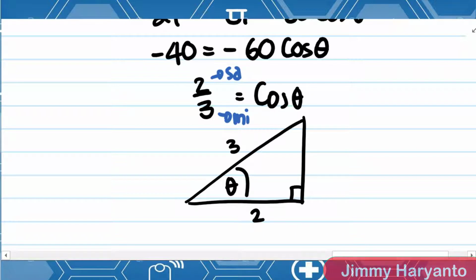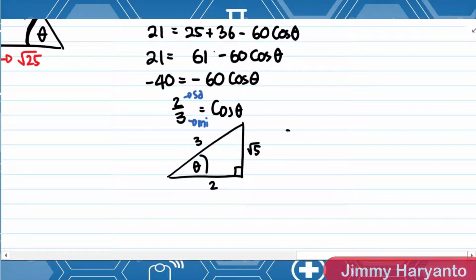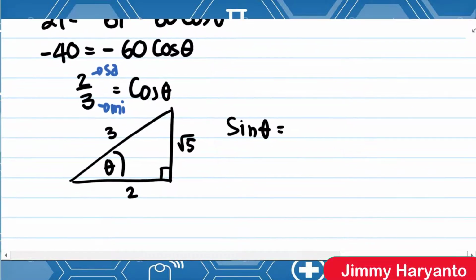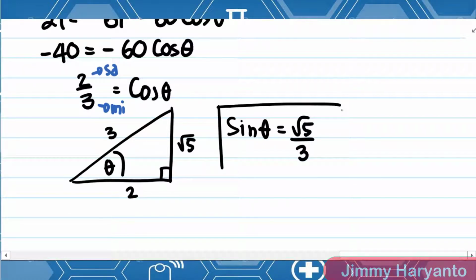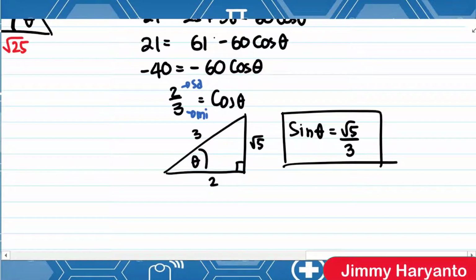Using Pythagoras theorem, it will be 9 minus 4, which is 5, so the opposite is square root of 5. After that, we will find sin theta. Sin theta equals opposite over hypotenuse, which is square root of 5 over 3. So this is the result of sin theta of the smallest angle, square root of 5 over 3.